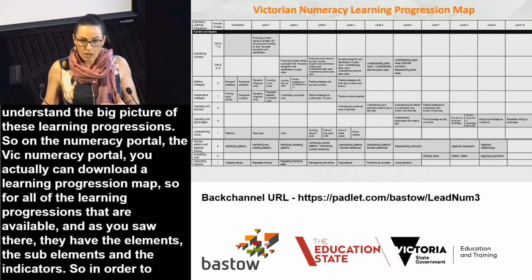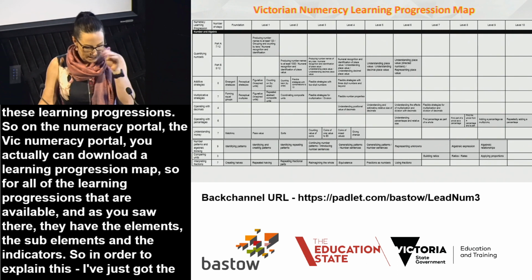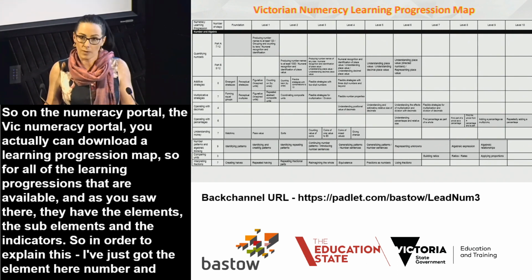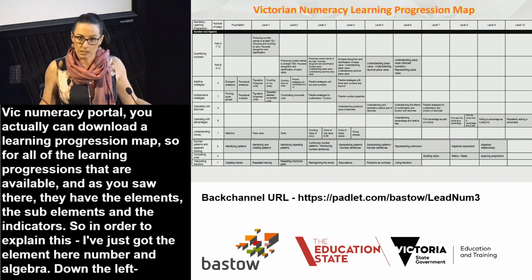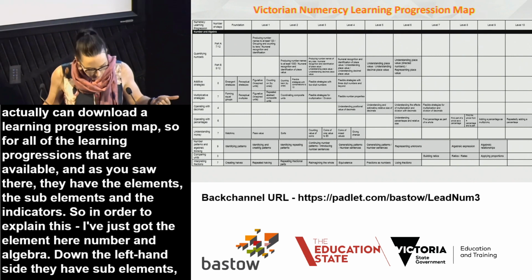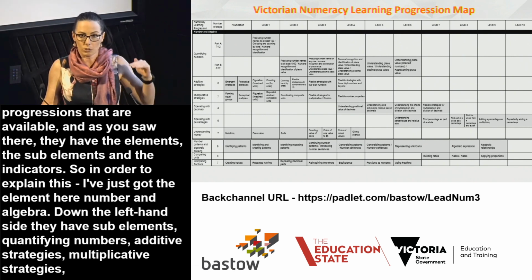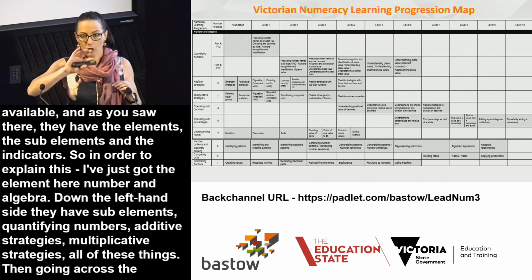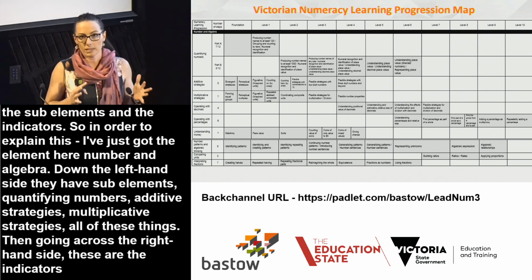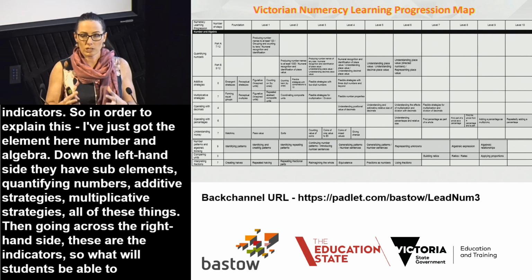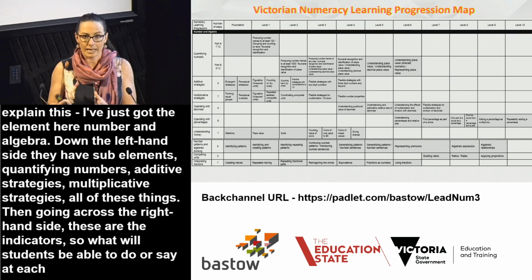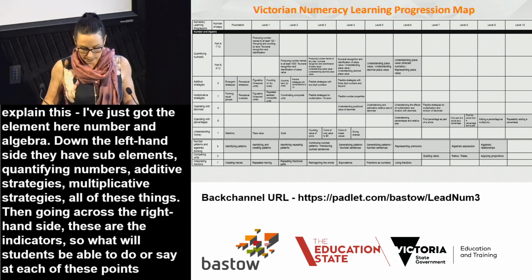To explain this, the element I've got here is number and algebra. Down the left-hand side, they have the sub-elements, so there's quantifying numbers, additive strategies, multiplicative strategies, all of these things. Going across the right-hand side are the indicators. So what will students be able to do or say at each of these points?